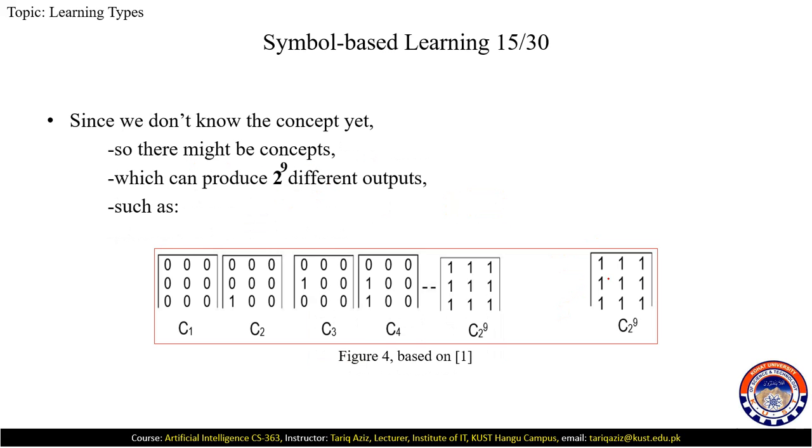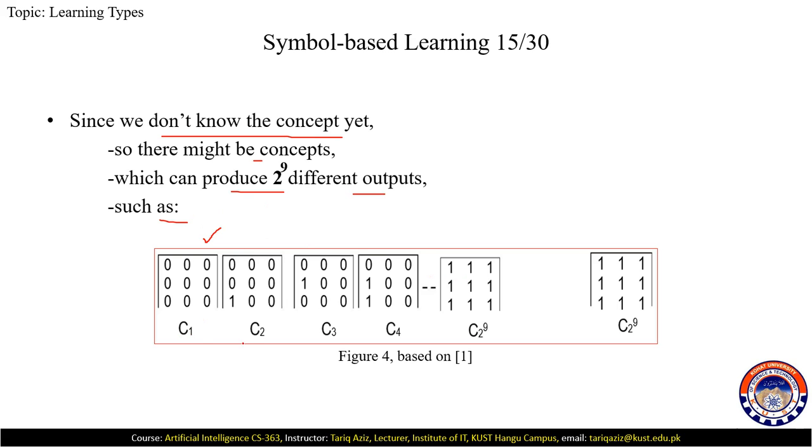Now, dear students, in the next diagram, it says that we don't know the concept yet. Okay, because we are trying to find our concept, the basic concept, but we don't know the concept yet. There might be concepts which can produce 2 raised to the power 9 different outputs, such as, so these are the 2 raised to the power 9 different outputs.